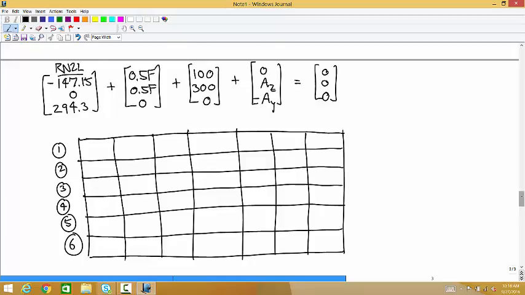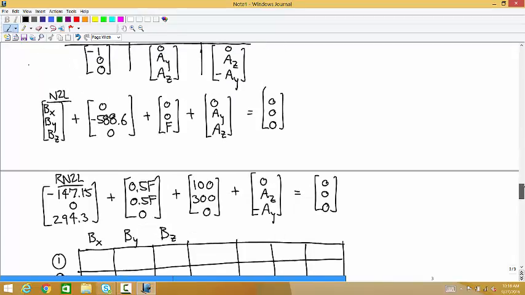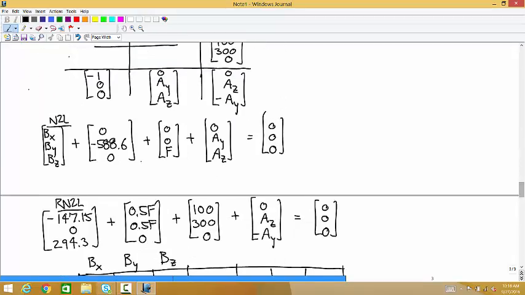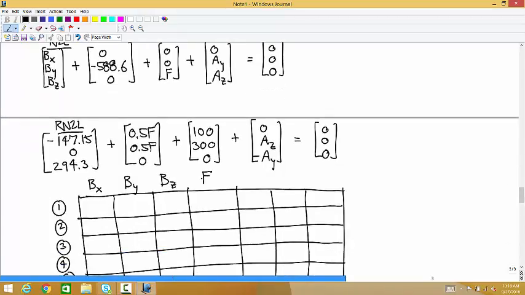And for variables, let's do Bx, By, Bz, then F, and then AY, AZ, and then a constant.